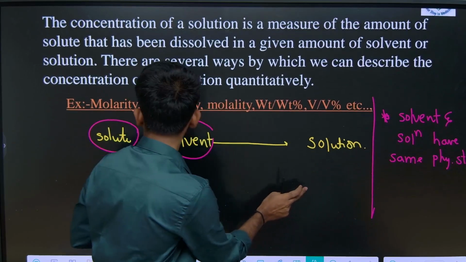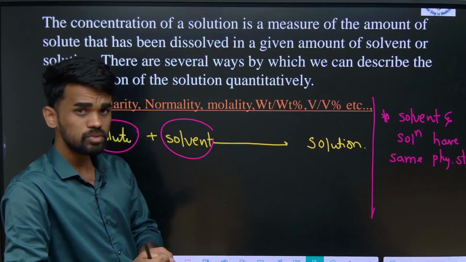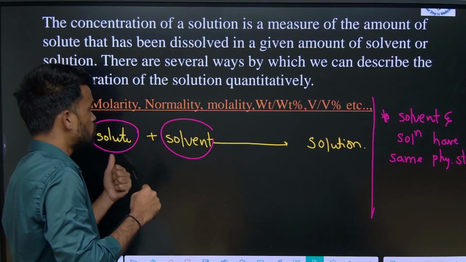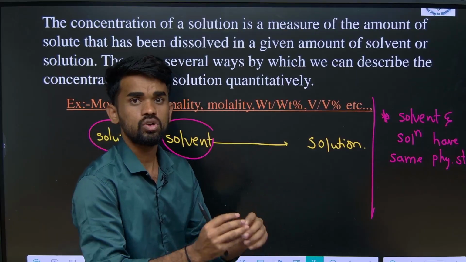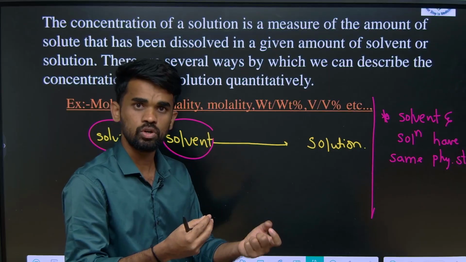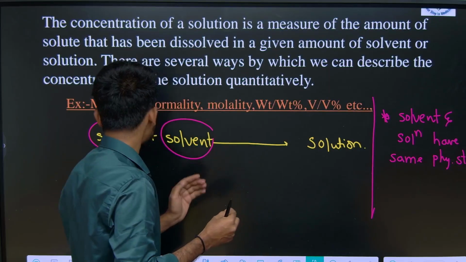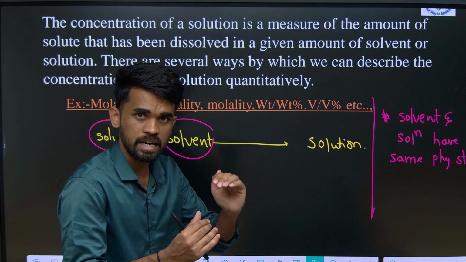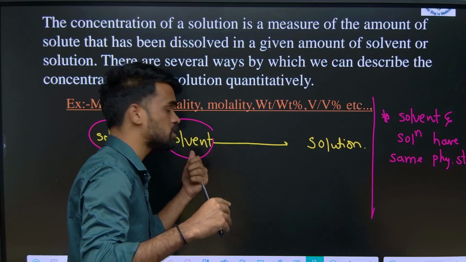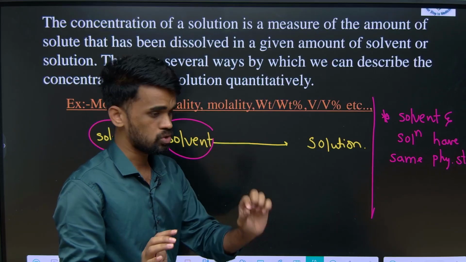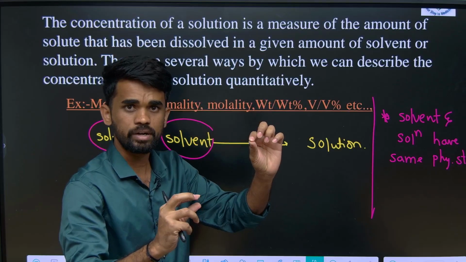And what about the solute here? When solute, solvent and solution are all in the same phase, how can we identify which is solute and which is solvent? The one with the lower quantity is considered the solute, and the one with the higher quantity is considered the solvent. I hope this is clear. Lower quantity, solute; higher quantity, solvent.